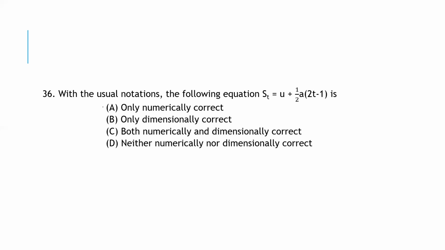Option C, both numerically and dimensionally correct. Neither numerically nor dimensionally correct here. Okay, so what we can do here, we can substitute the dimensional formula for the given equation. We know already the dimensional formula for all the quantities as it carries the usual meaning.